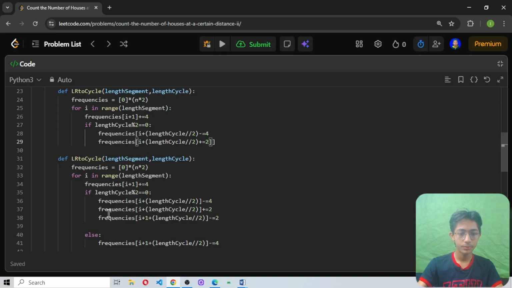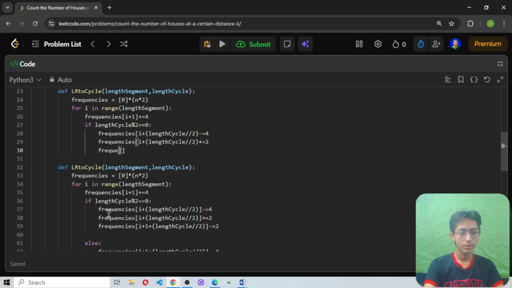Plus equals to 2, enter. Frequencies i plus 1 plus length cycle equals to 2, and then minus equals to 2.